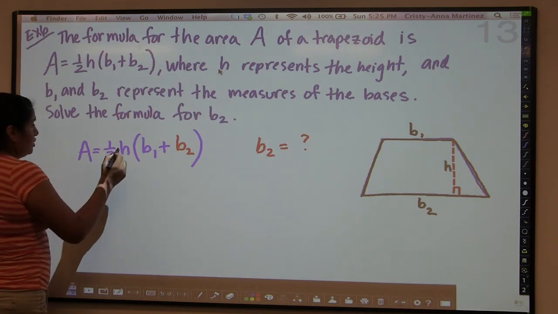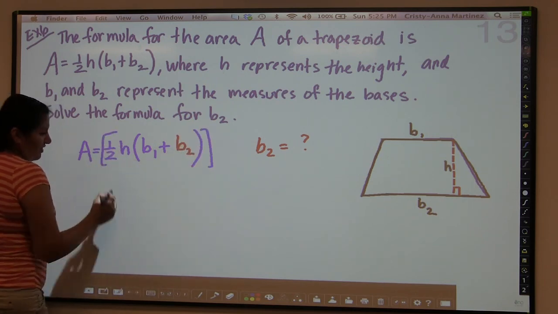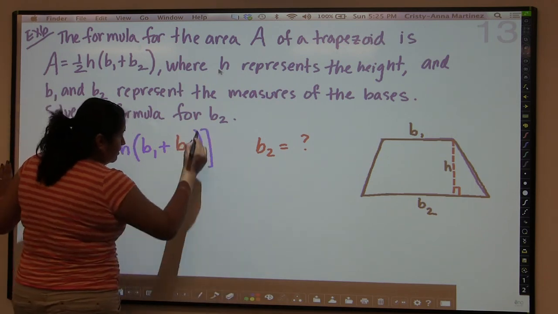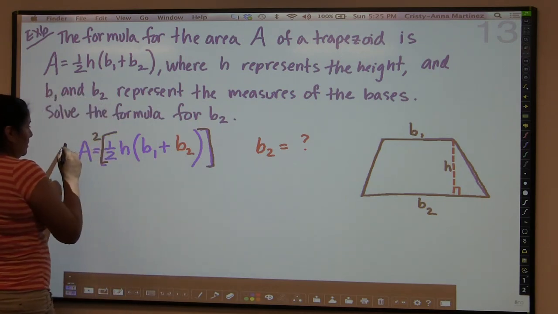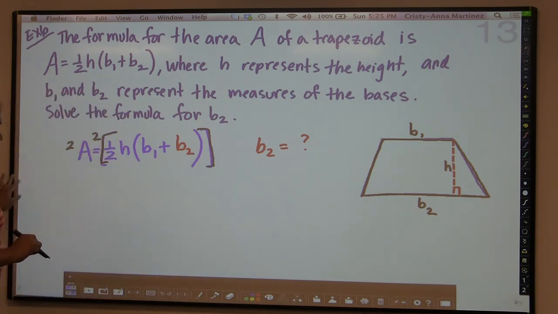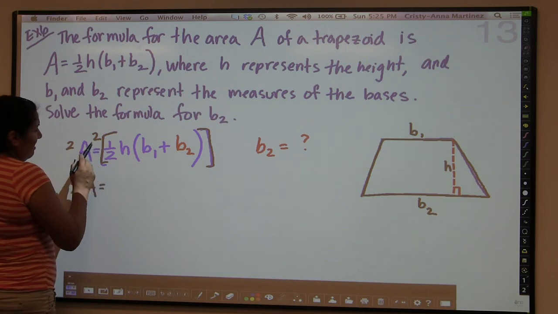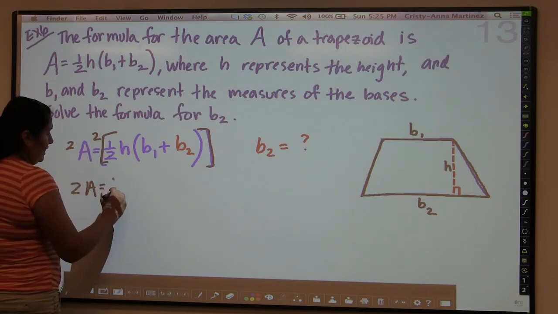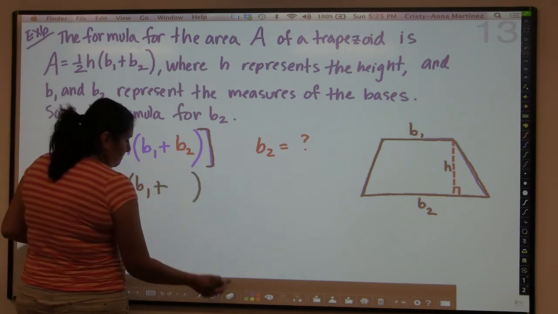So I am going to multiply both sides of my equation by a 2. The reason I'm going to do that is because 2 times a half is 1. So off the top, I'm going to get 2a equals, instead of having 2 times a half, I'm just going to get h times b1 plus the b2.